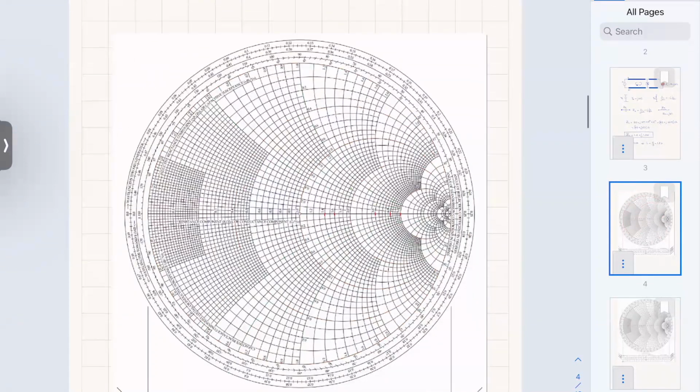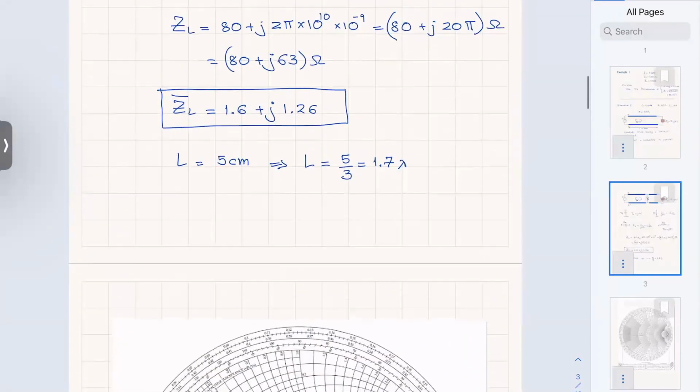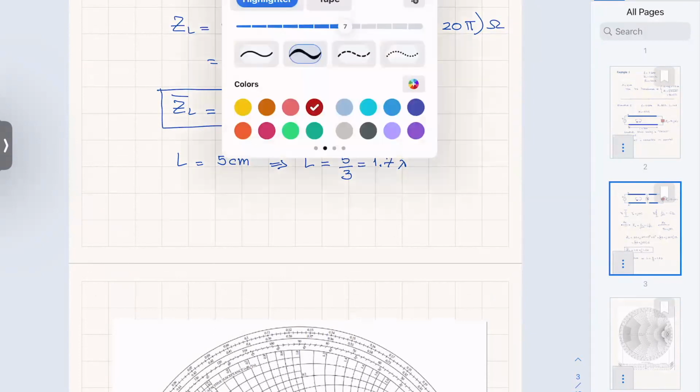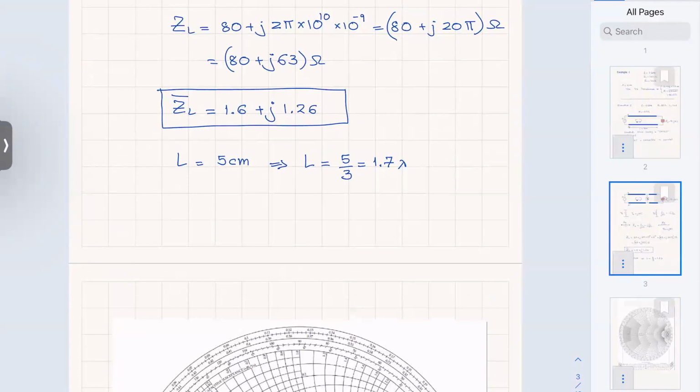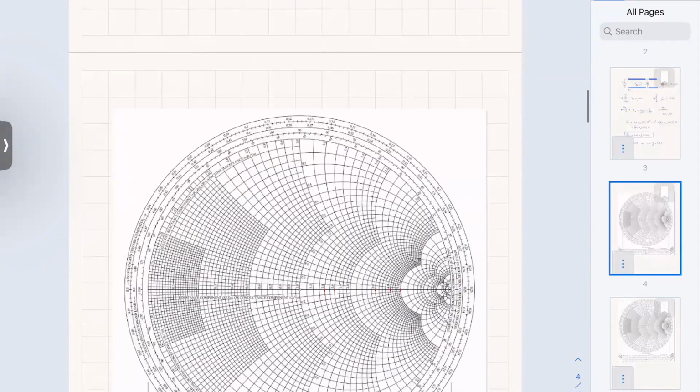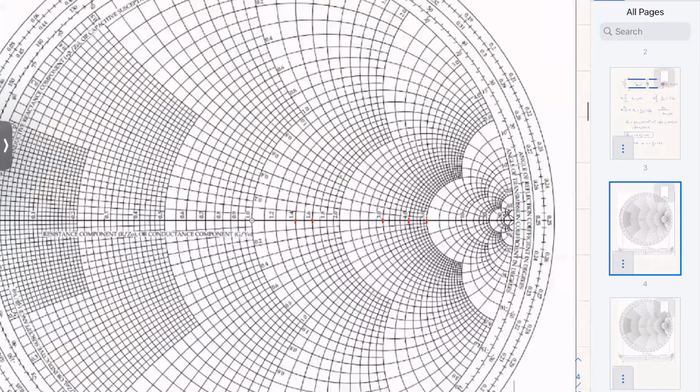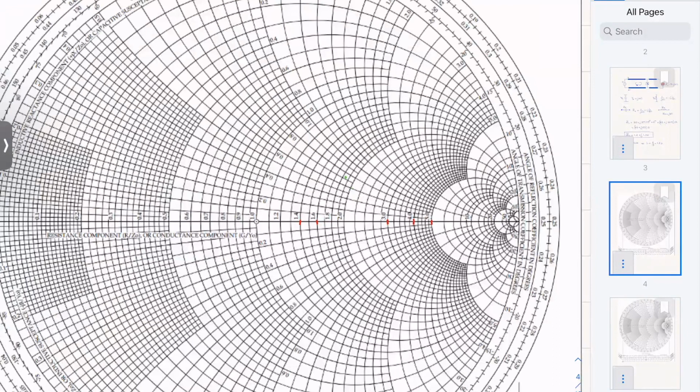All right, so now what is the first thing I'm going to do, from the things that I found? Find it on the Smith chart. So 1.6. Here is the circle. I will draw it now.